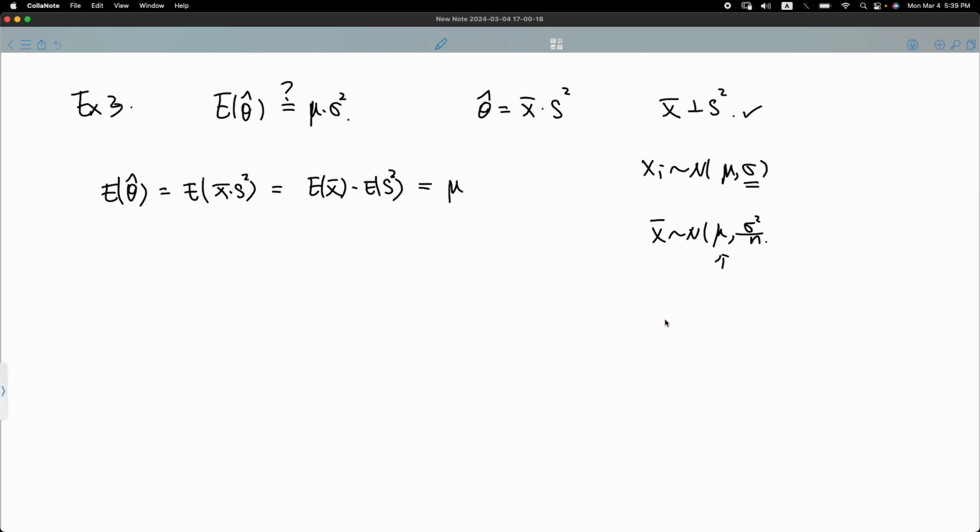We comment that S squared follows a gamma distribution, with shape n minus 1 over 2 and scale 2 sigma squared over n minus 1. Once we know the distribution, what is the expectation of S squared? Sigma squared.